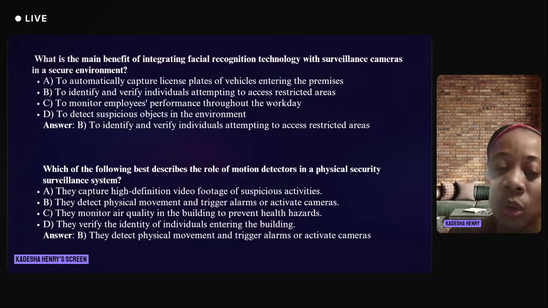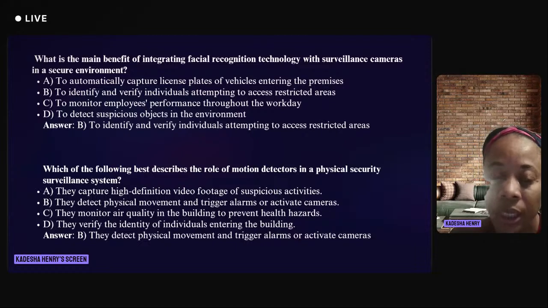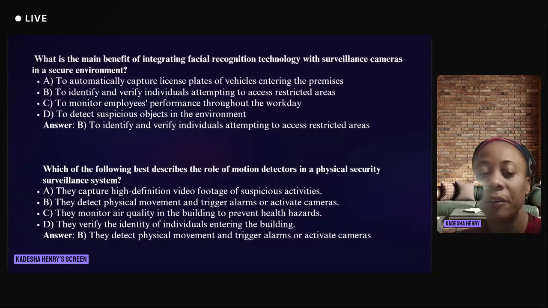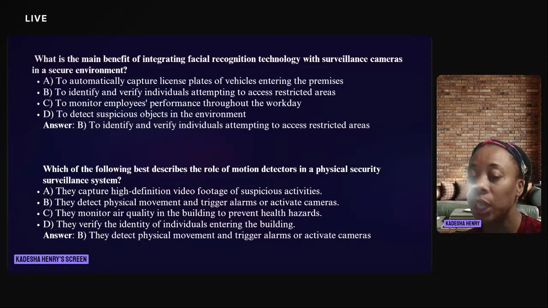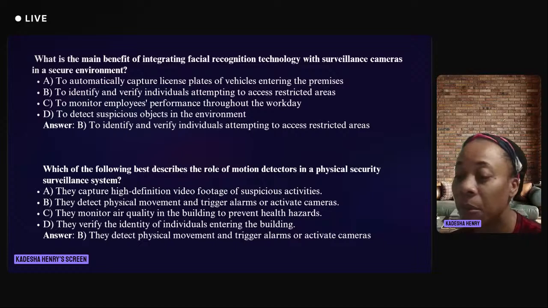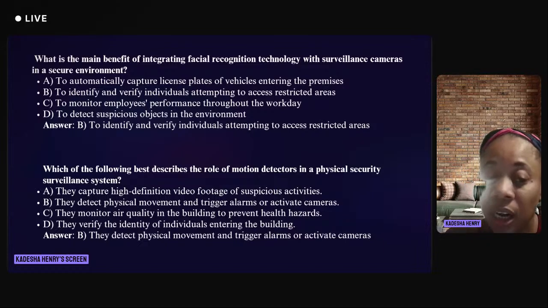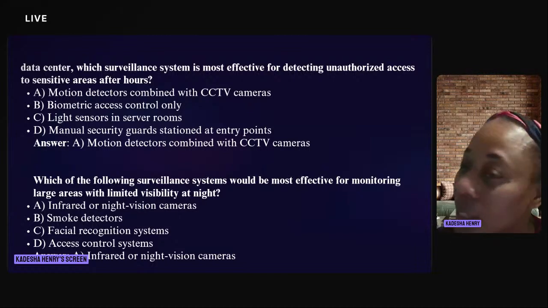C, they monitor air quality in the building to prevent health hazard? D, they verify the identity of individual entering the building? And so we will say the role of motion detector in physical security is to detect physical movement and trigger alarm or activate camera, right? So that's what we want to remember, that they trigger the alarm, right?